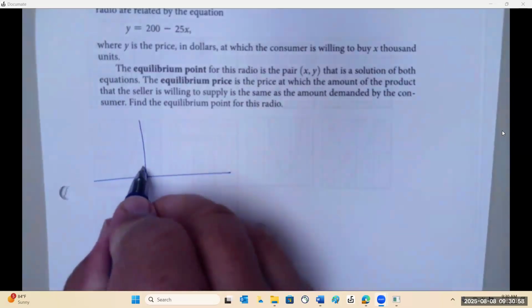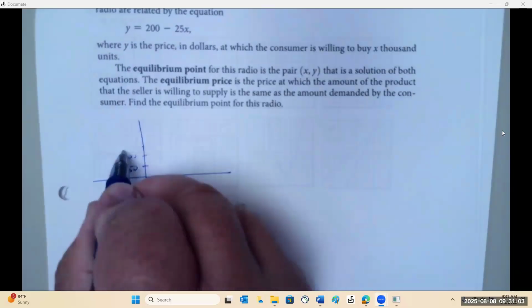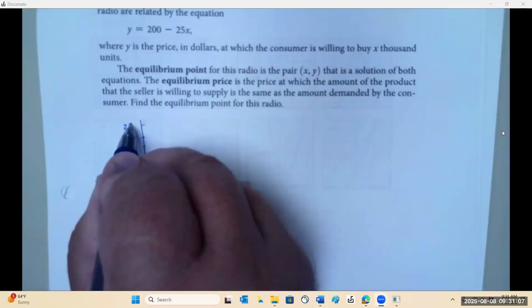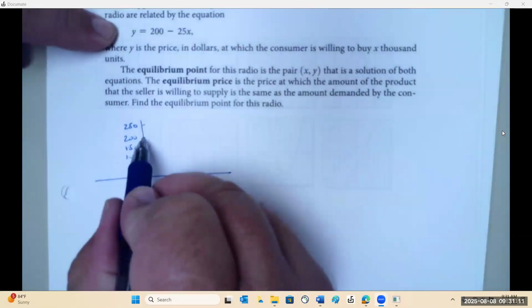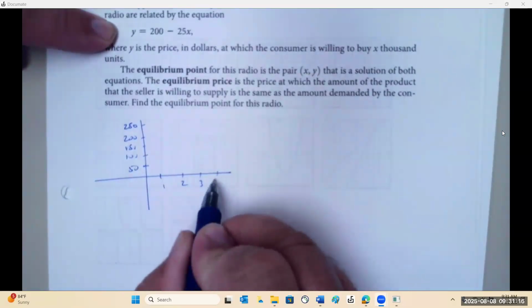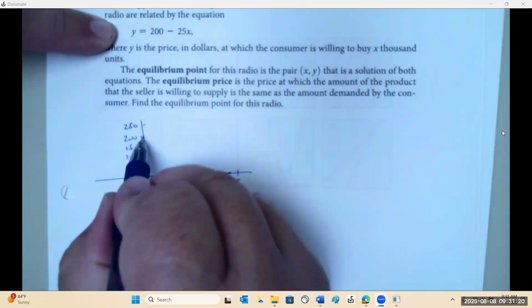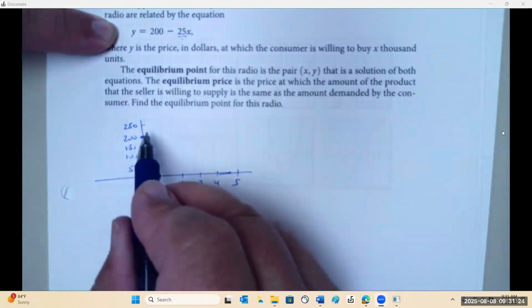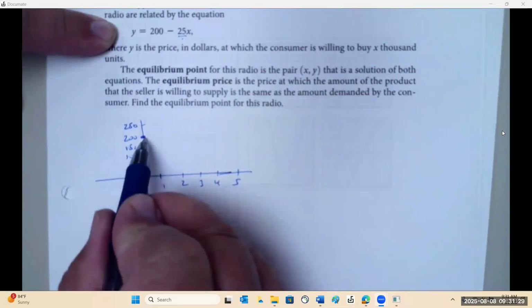So if we looked at this thing, we have 50, 100, 150, 200, 250. And this one's going to be at 2, 3, 4. So this one starts at 200. The slope is negative 25 over 1. So down 25 over 1.